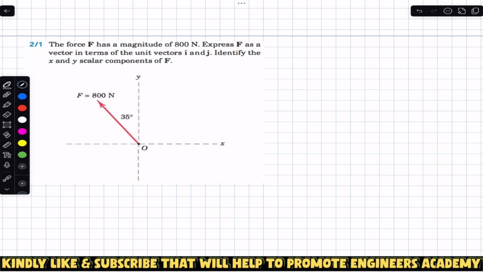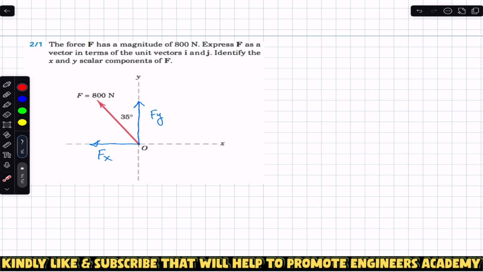So let me draw these two components. We will have F_y in the positive y direction. This is F_y, and we will have F_x in the negative x direction. So this is F_x. These two components will start from the tail of this given force and they will go in the direction of the arrow of the given force.